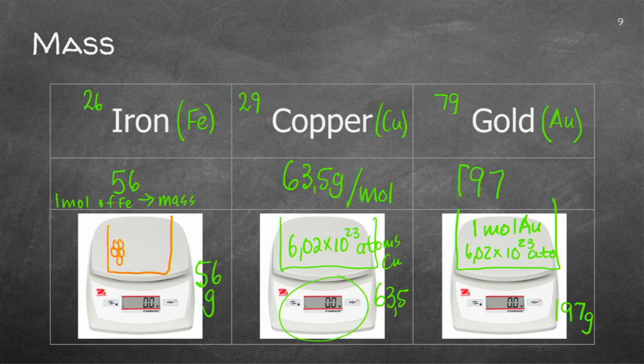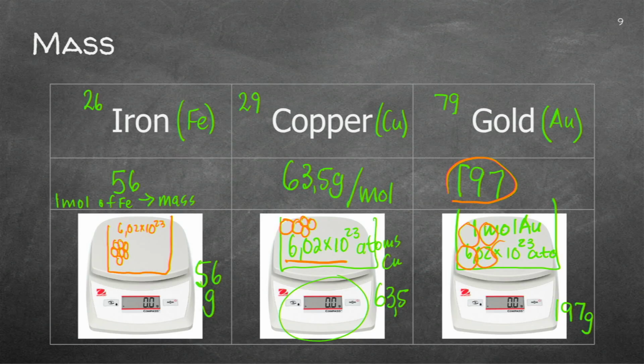Now, if we have a little picture of this, I've got iron in here, so they will be smaller. How many of them will I have in here? 6.02 times 10 to the 23. Can you see the copper is a little bit larger? How many of them? Exactly the same. And then gold, can you see that mass? So they'll probably look something like this.